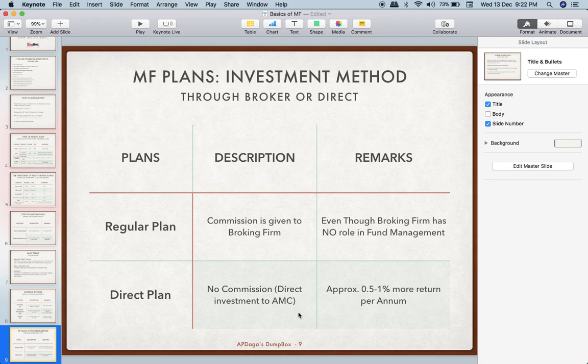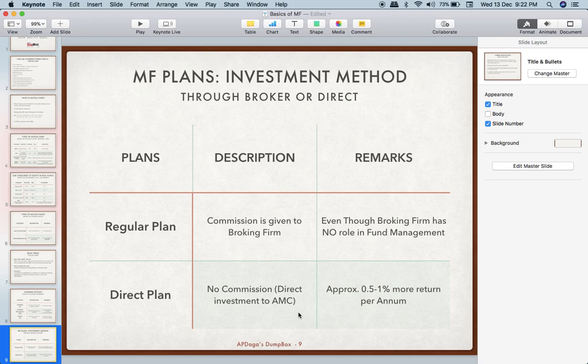If you check on the internet, same mutual fund, same plan, all options selected the same, you can see per annum there is a difference of 0.5% to 1% in returns.